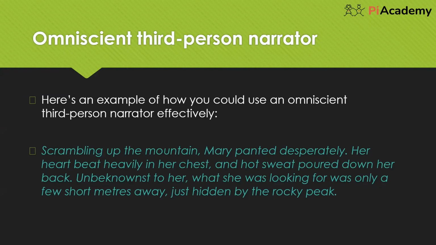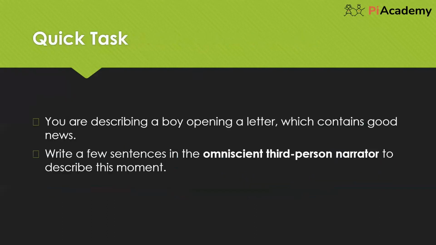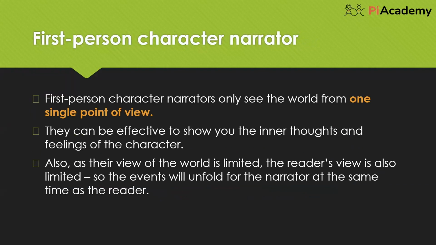If you're writing this in first person, then there would be more of a sense of unease, because just like Mary, we don't know what's around the corner, because we basically are Mary. But if you want to share with your reader something that the character doesn't know, you can use third person to do that.